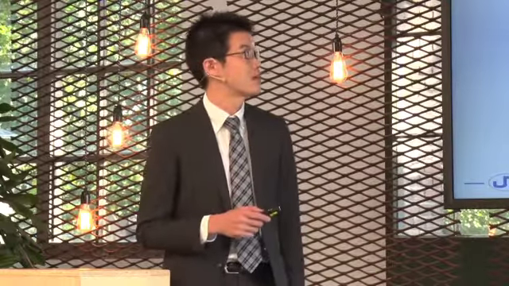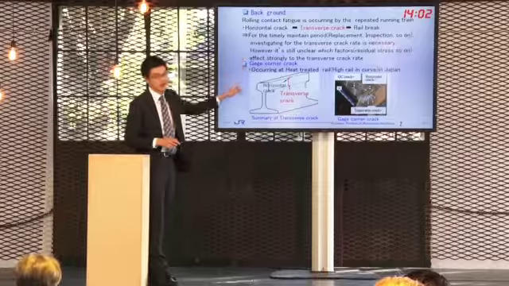Rolling contact fatigue occurs from repeated train running. It causes a horizontal crack at first, which branches into a transverse crack, and sometimes it leads to rail break.